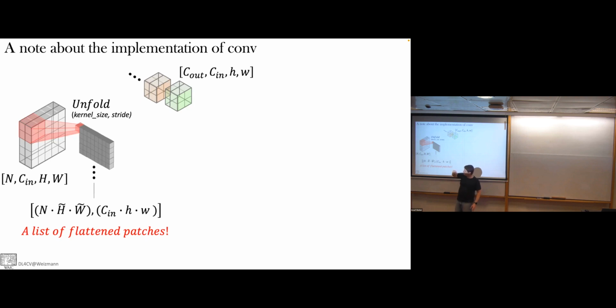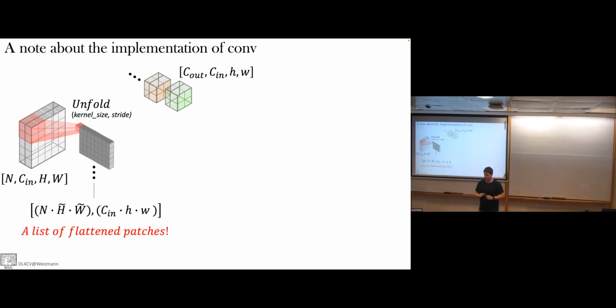Many. Because these are overlapping patches, it depends on padding and so on. Roughly, if I use stride 1 and the image is big, it's roughly the number of pixels in the image, but not exactly because of the boundary. So if I have a 3x3 filter and I pad it with 1 in each direction, then the length of this list is going to be the number of pixels in the image.